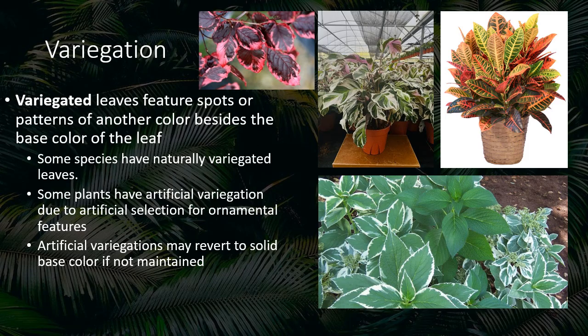If you ever see a shoot of green leaves on a variegated plant, it's important to prune that all the way back into some variegated material so that the new shoots that grow out from that material are variegated again. Otherwise, you can end up with a shrub or a tree that's half variegated and half not. So it's important with a variegated plant to keep an eye on it and remove any portions that have lost their variegation, back into a branch that is variegated, to maintain that trait.